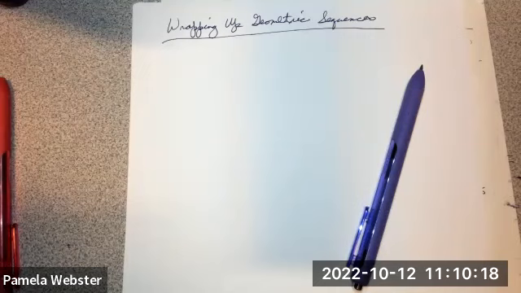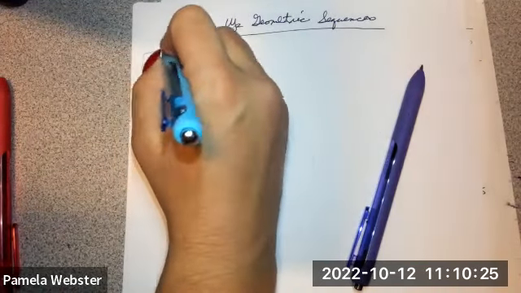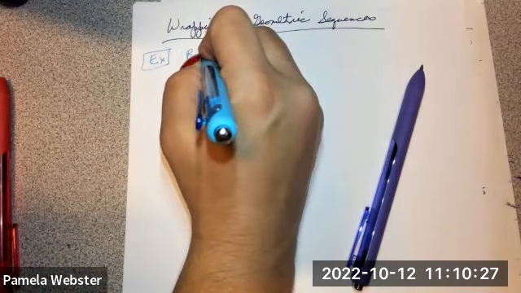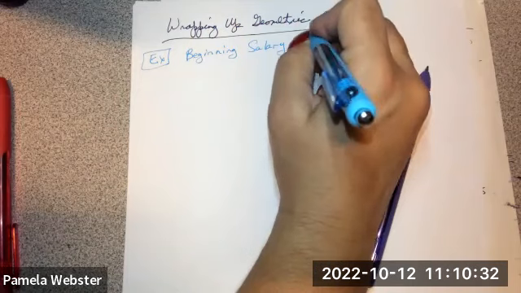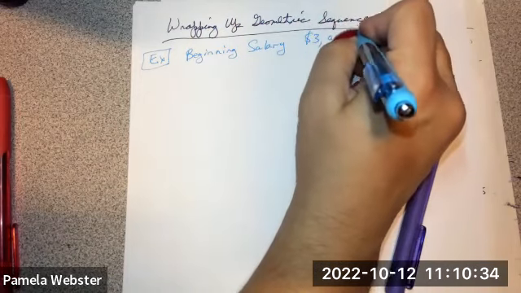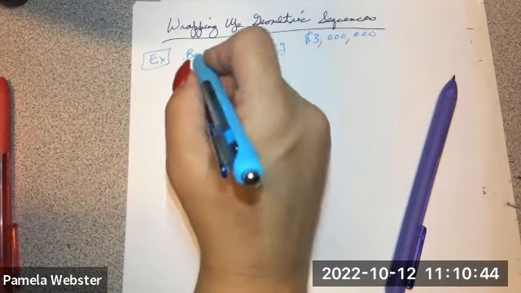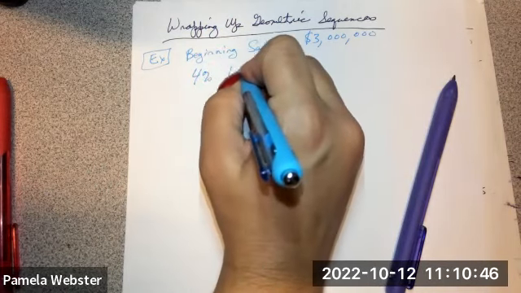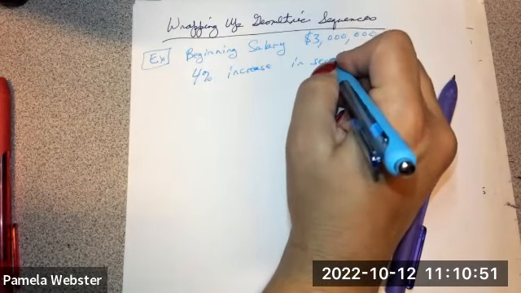Okay, so there's an example in your book. A professional baseball player signs a contract with a beginning salary of $3 million for the first year and an annual increase of 4% per year beginning in the second year.